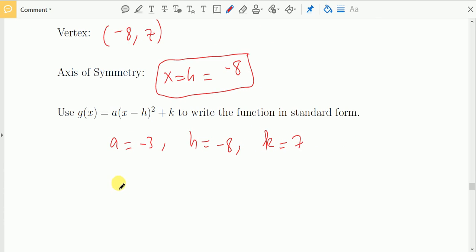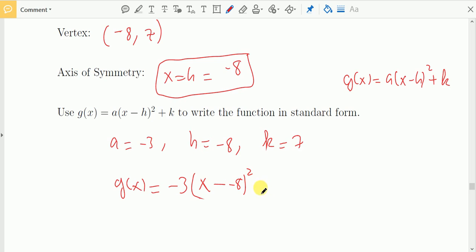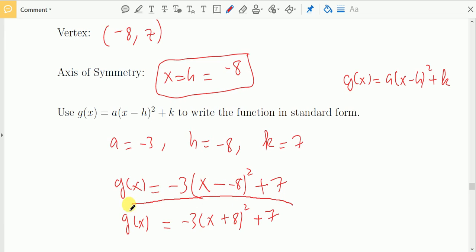Now you can just plug in directly. G of x equals a times x minus h squared plus k. A is minus 3, minus h, which is minus minus 8, squared, and plus k, which is 7. And then simplify that one more time. It's minus 3 times x plus 8 squared plus 7, which is g of x, and that is the solution.